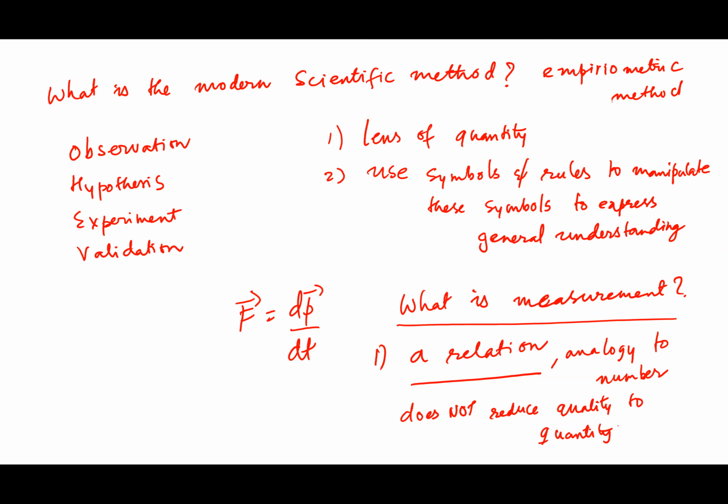It's not a number. The minute you say the length is 2 meters, that's a relationship. That's a measure of length, right? So observe that very carefully. Distinguish between what is length and what is measure of length. By length, you mean you don't need to measure.